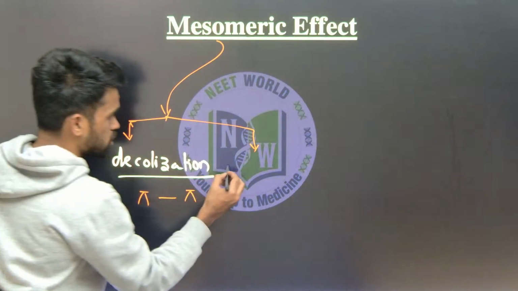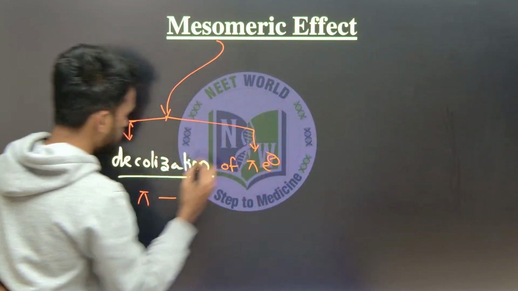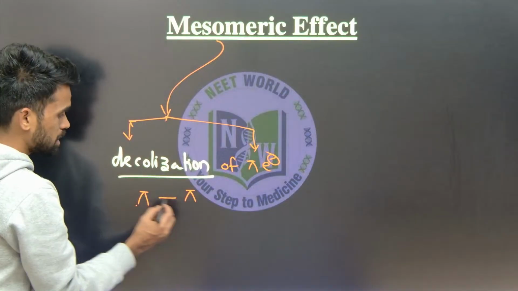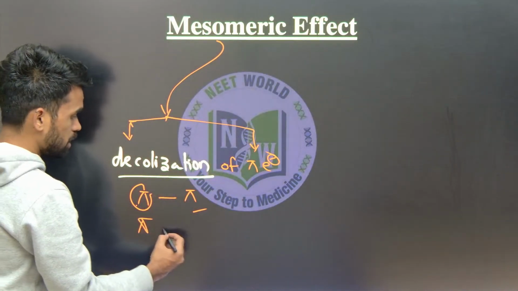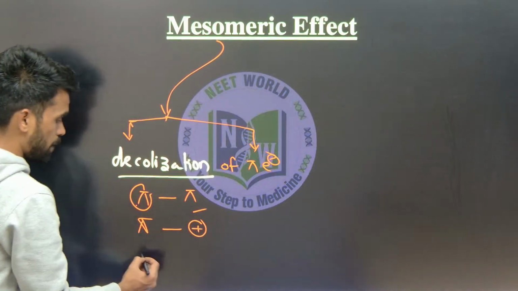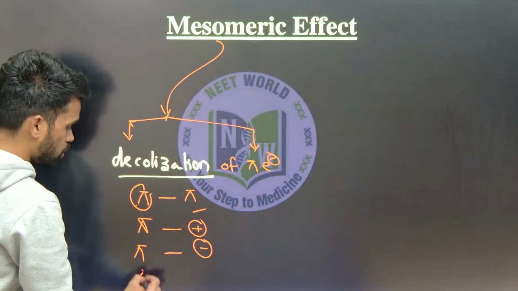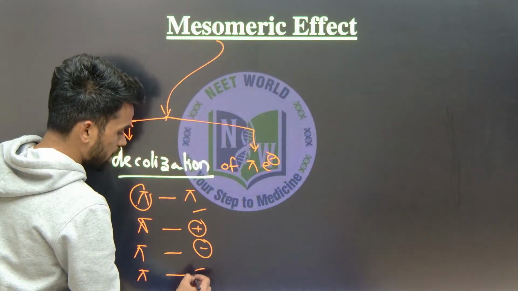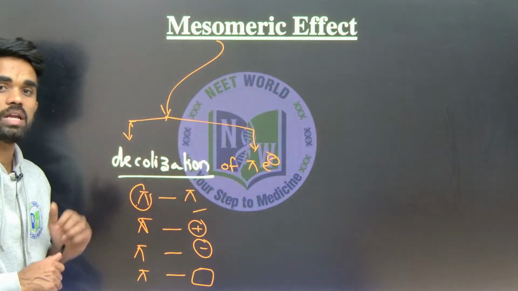So delocalization of pi electrons, in this case, okay. Pi electrons with pi bonds, or pi bonds with carbocation, or pi bonds with carbanion, okay, pi bonds with vacant orbital. These different types of pi electron delocalization are present.